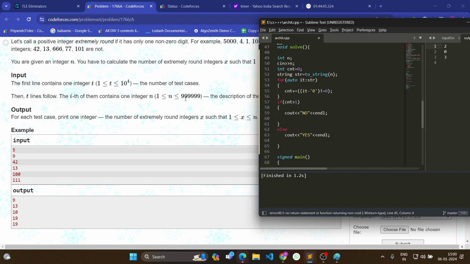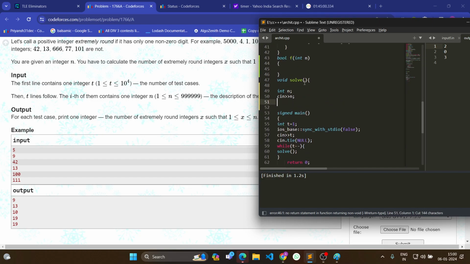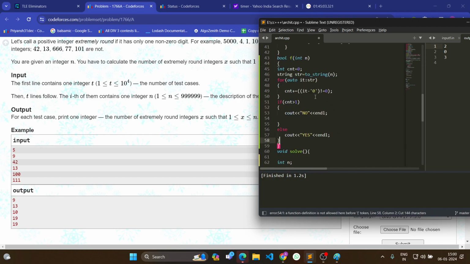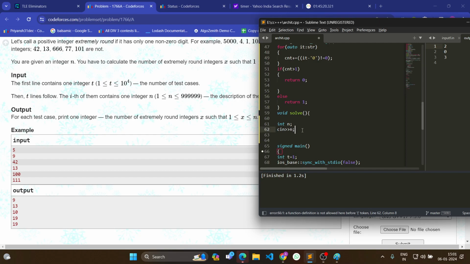This is order of n, 10 ki power 6 into some like 6 at max. This should pass, I think.